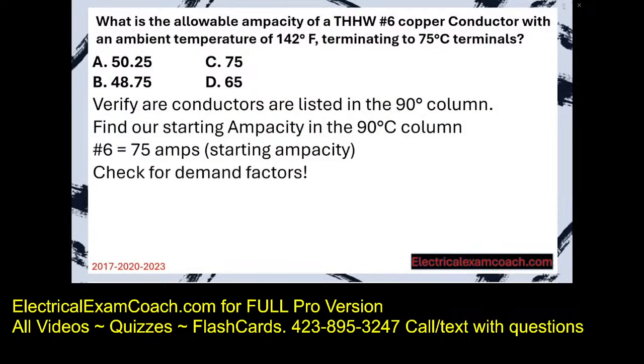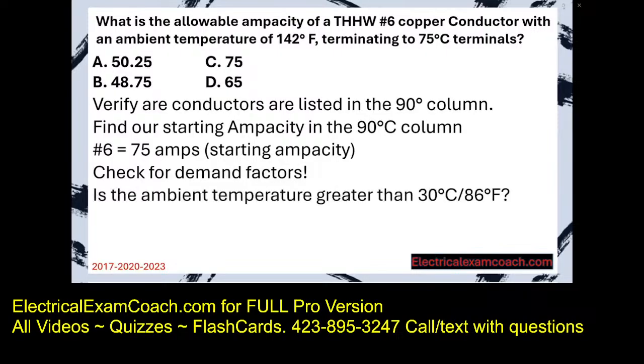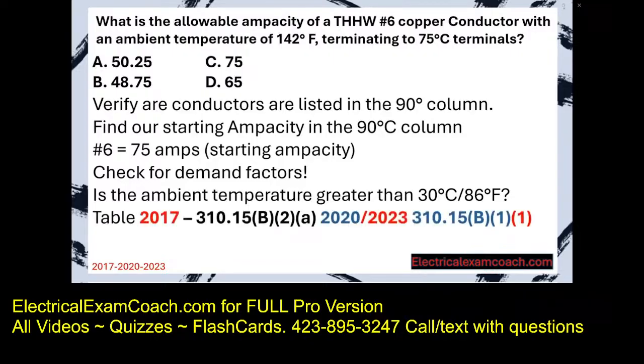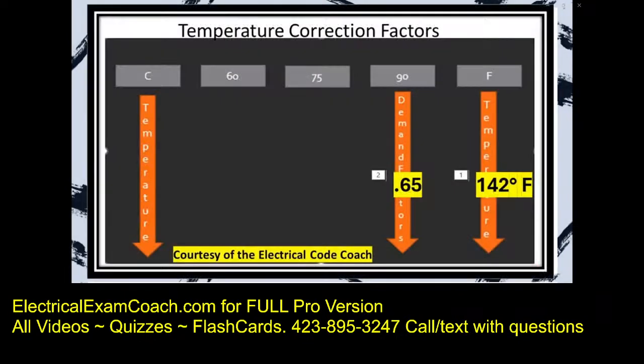Now we're going to check for demand factors. Is the ambient temperature greater than 86 degrees Fahrenheit? It is, so there will be a demand factor. We're going to head to our respective table depending on our code cycle, and we're going to go find our correction factor. When we get there, we're going to start on the right-hand side because the question stated it in Fahrenheit. Then we're going to go down until we find our range of temperature.